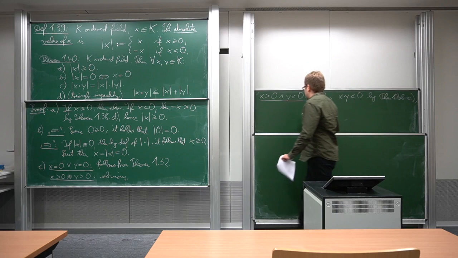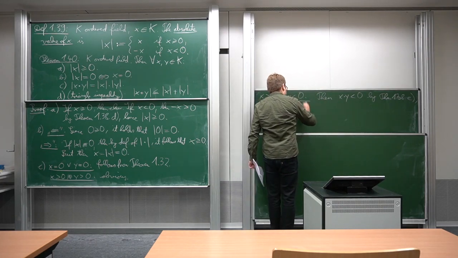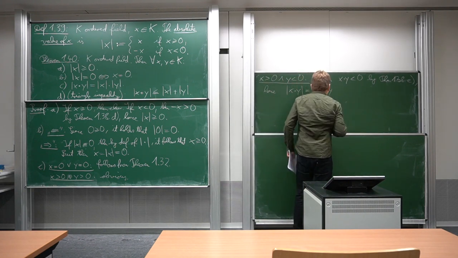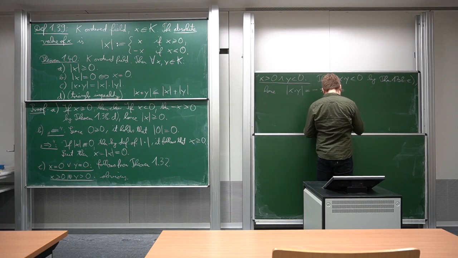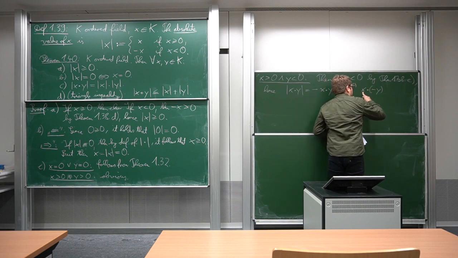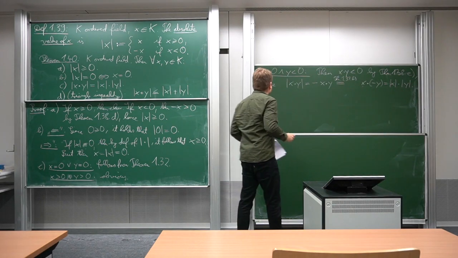Hence, we know what the absolute value is, since the number is negative. So the absolute value of x times y would be minus x times y. But there we had a theorem, the one that I left as an exercise, and you can use this and the commutativity of the multiplication, theorem 133.b, to show that this is the same as x times minus y. But if x is positive and y is negative, this is the same as the absolute value of x times the absolute value of y. Done.